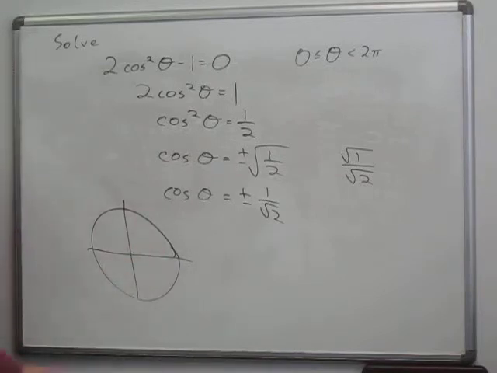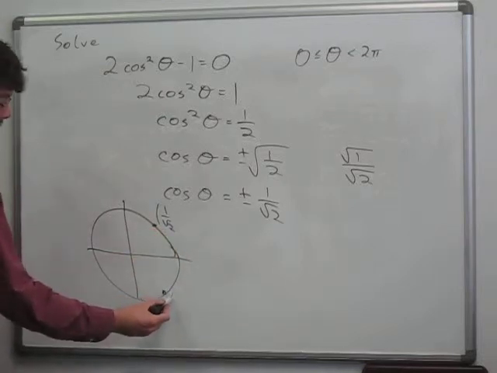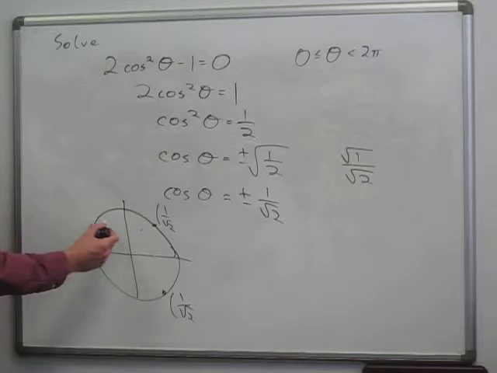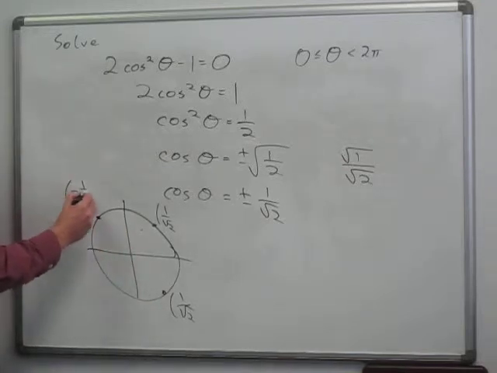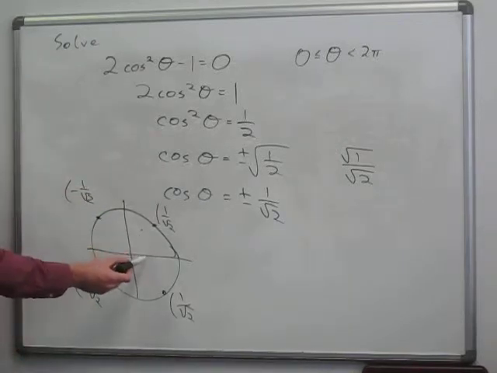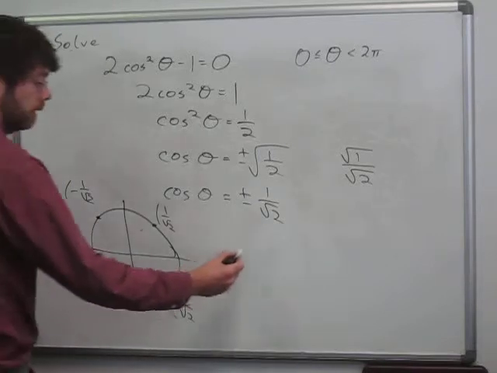Cosine of theta equal to positive 1/√2 happens twice on the circle at pi/4 and 7 pi/4. Cosine value of negative 1/√2 occurs twice on the circle at 3 pi/4 and 5 pi/4.